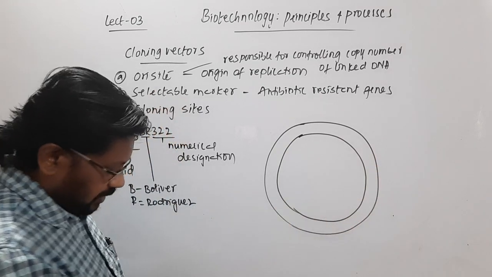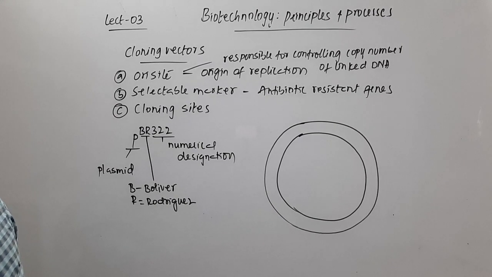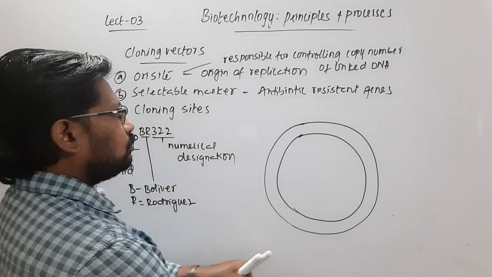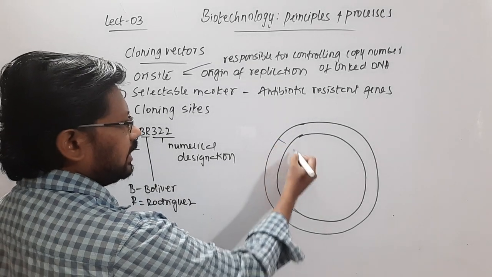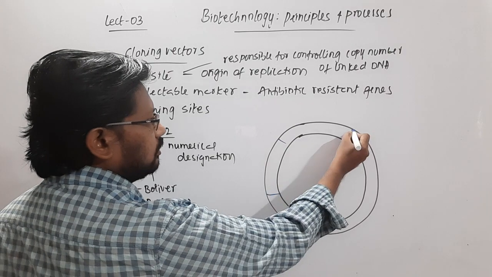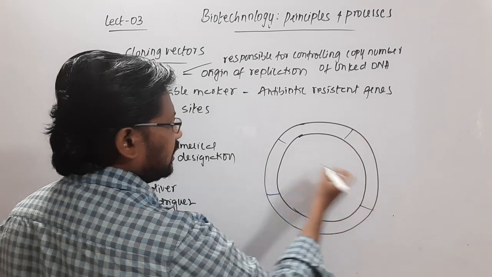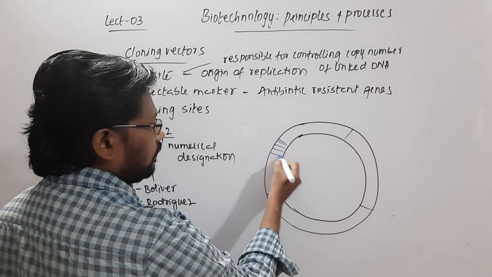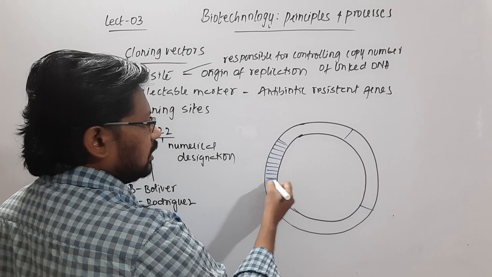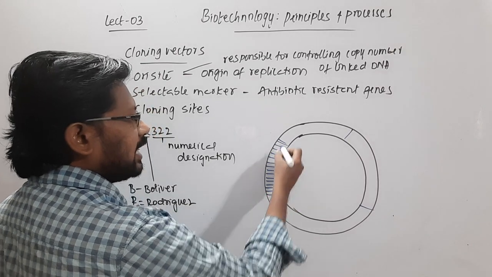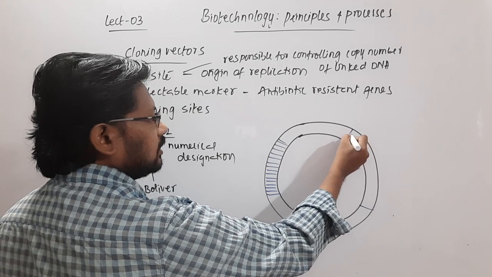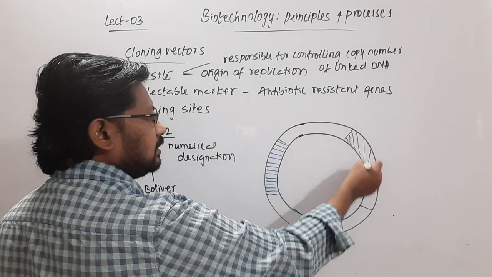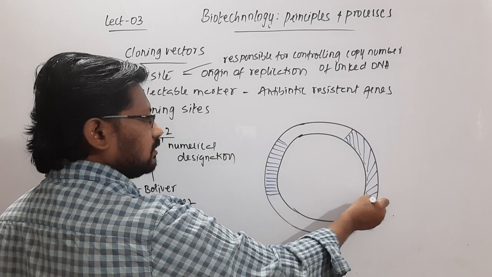In this pBR322 plasmid, we will see two antibiotic resistant genes. This is the region that codes for one antibiotic resistant gene, and this is another region.